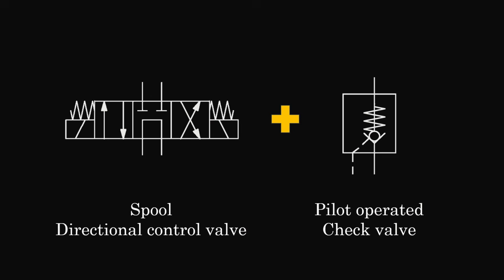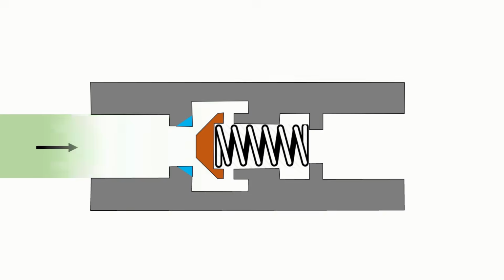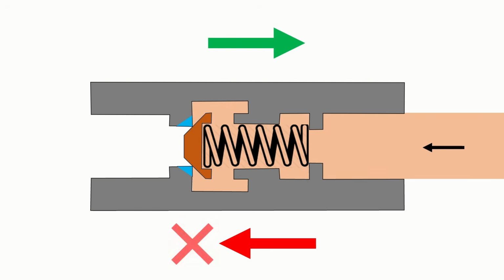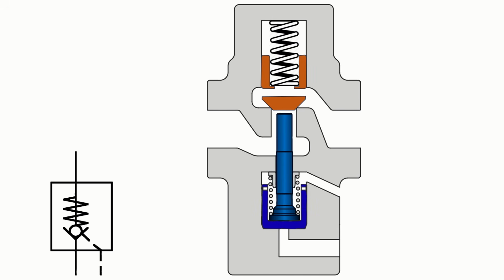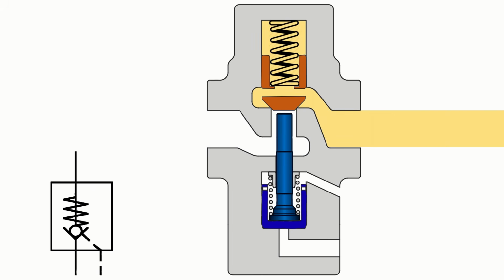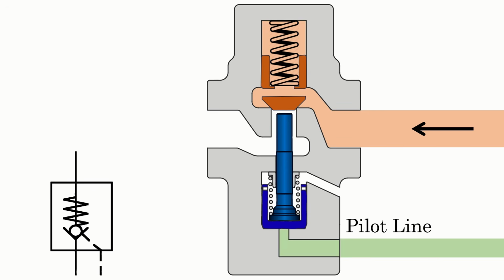And now coming to the pilot operated check valve. A simple check valve allows flow in only one direction, right? But a pilot operated check valve adds an important feature. It allows free flow in one direction, and it allows flow in the blocked direction as well, but only when a pilot pressure signal is applied.